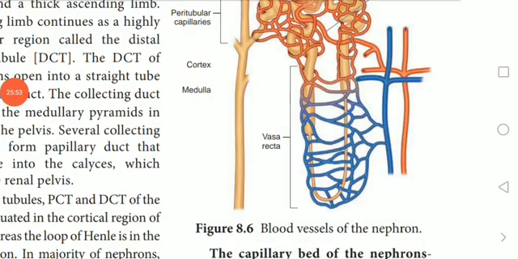Up to this one we have seen. And also we have seen the distal convoluted tubule, ascending limb of Henle, descending limb of Henle, and proximal convoluted tubule. All these things I just explained to you. And here glomerular filtration, everything I just explained, go through it.